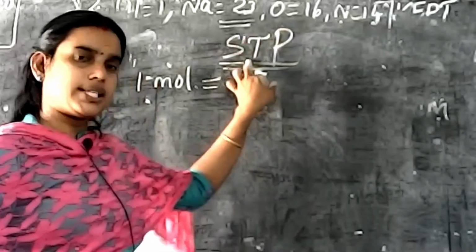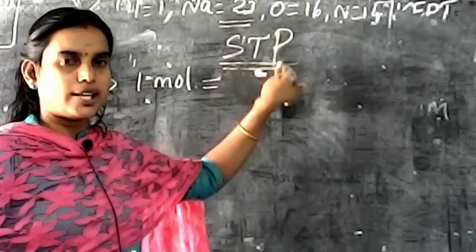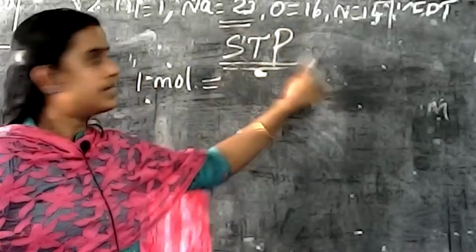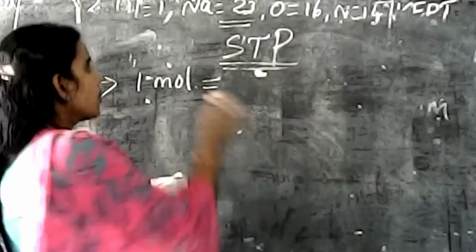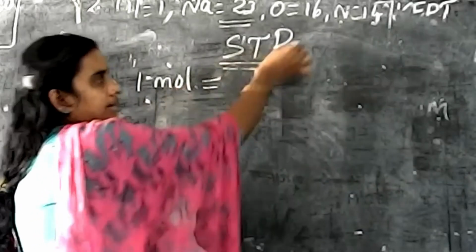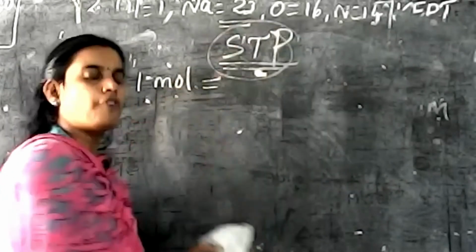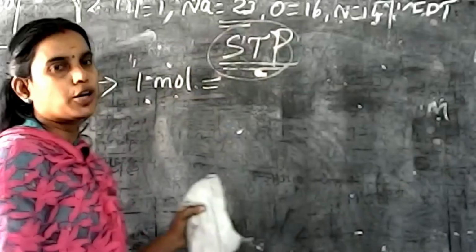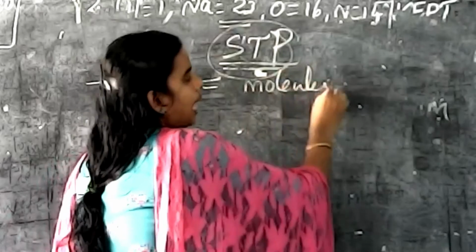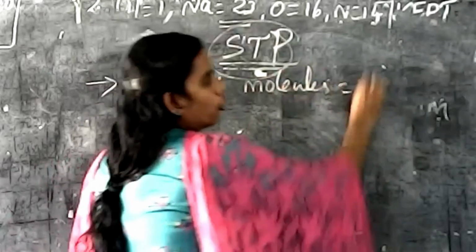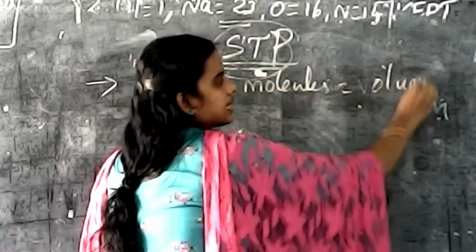The full form of STP is standard temperature and pressure. At this condition, 1 mole of any substance occupies an equal number of molecules and equal volume. So this is the concept.